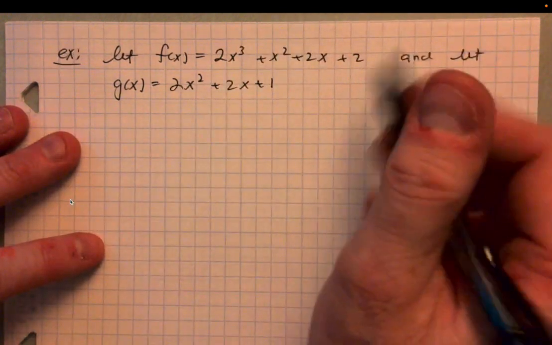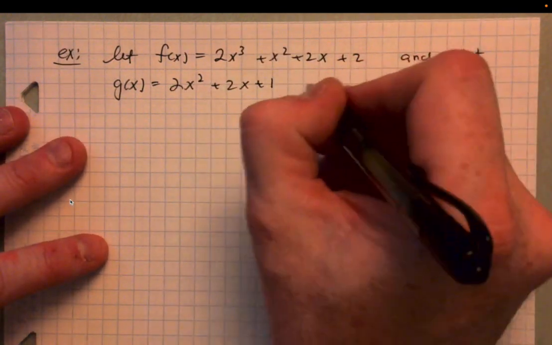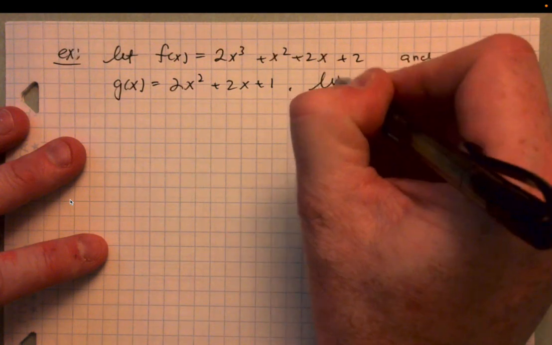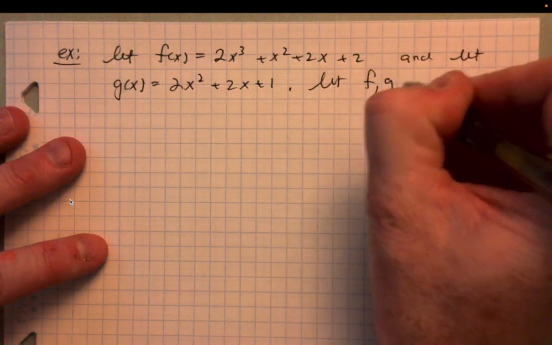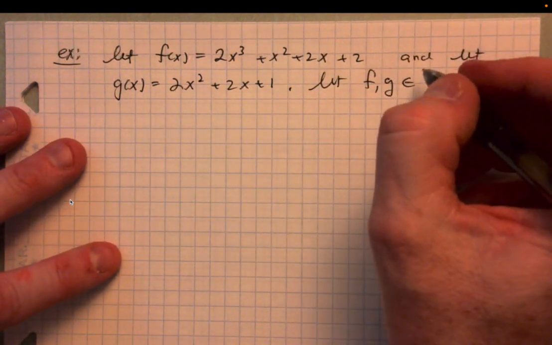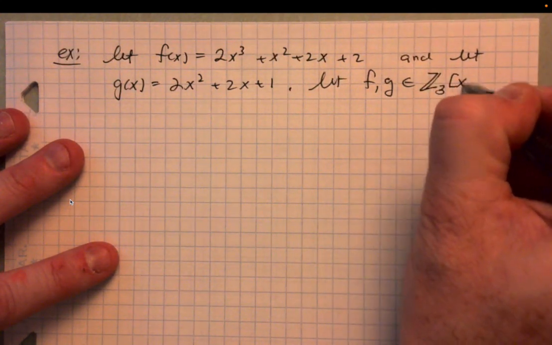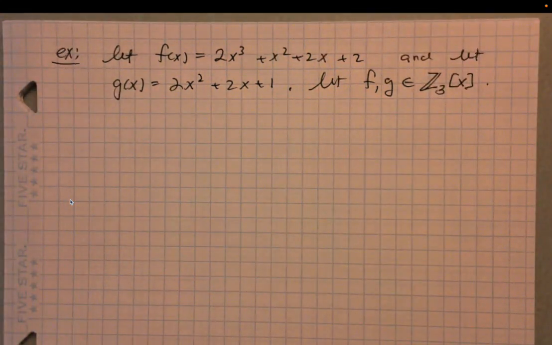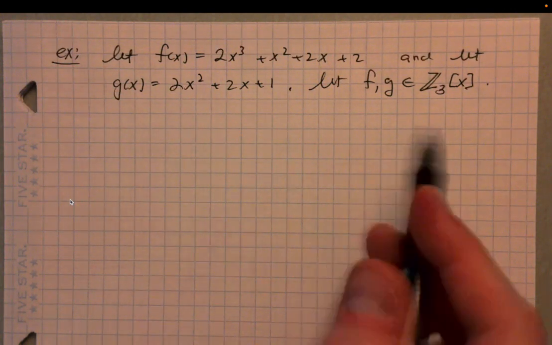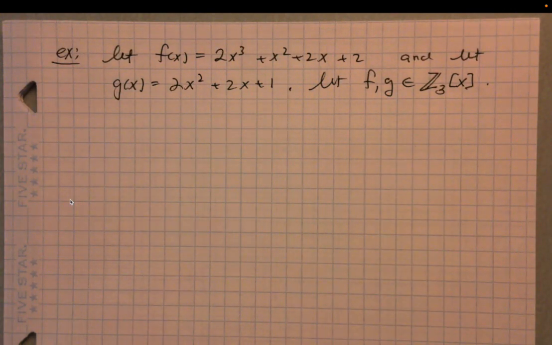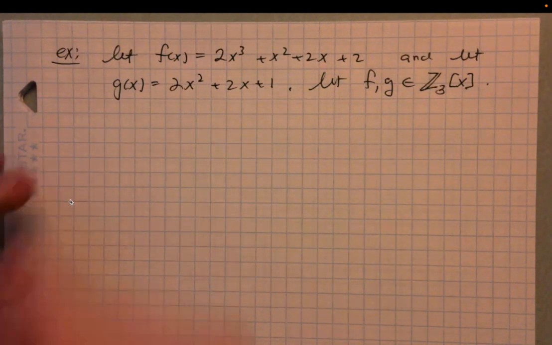Just to make things more interesting, let f and g be in Z3[x]. So what does that mean? Well, Z3[x] is the ring of polynomials over Z3. So remember, Z3 are the integers mod 3.